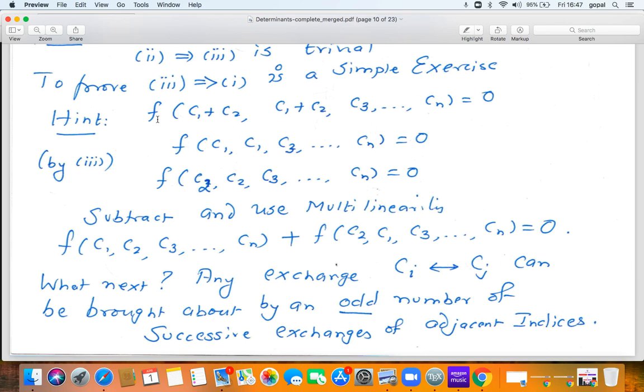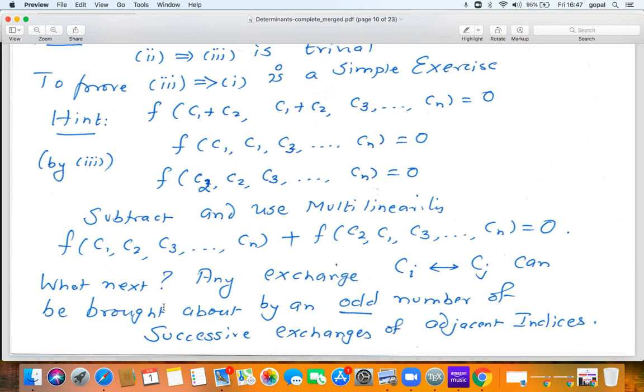Now the question arises, how many such adjacent swaps do I need? I will need an odd number of adjacent swaps. And each adjacent swap is going to pick up a minus sign, because I just proved that hypothesis 3 now implies that swapping two adjacent columns will pick up a minus sign.